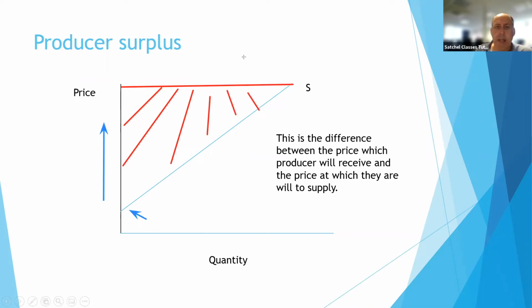Now, the reason being is if we've got a price for our products at the top here, at P, then this producer down here, who would be willing to produce their goods at PS, is actually making extra profit on his products all the way up here.